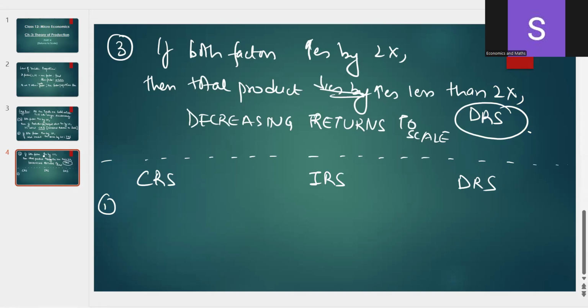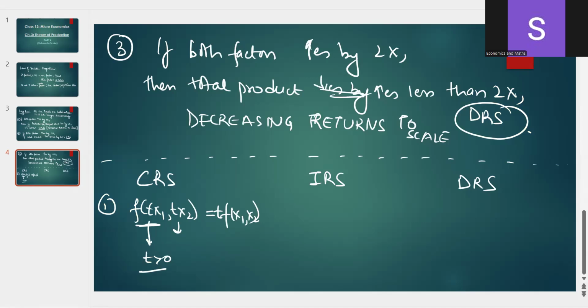Constant returns to scale says that f(t x1, t x2) = t f(x1, x2). This is the new input: we have increased the inputs x1 and x2 by t times. It could be twice, thrice, four times, any number; t is greater than zero.